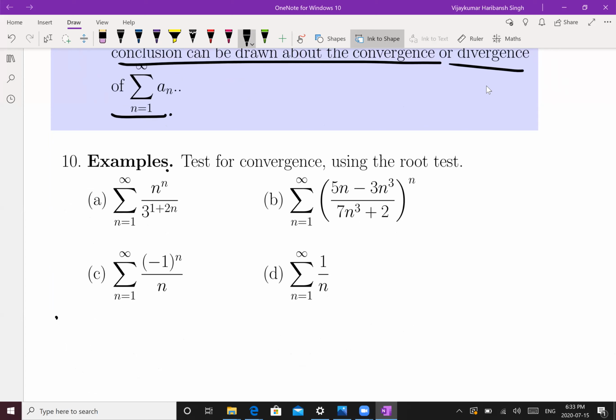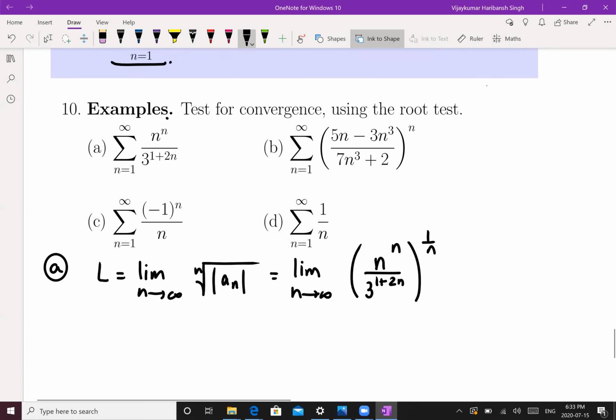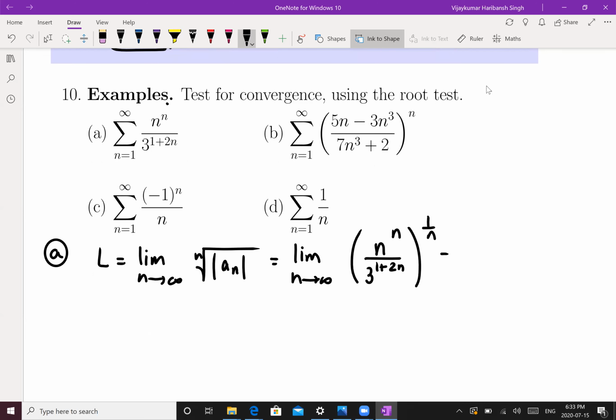So L equals the limit as n goes to infinity of the nth root of the absolute value of a_n, which is the same as raising to the power 1 over n. So the limit as n goes to infinity of n to the power n upon (3 plus 1 by 2 to the power n), the whole to the power 1 over n, right? This is what it means by taking the nth root. Now you apply the nth root to both of them.